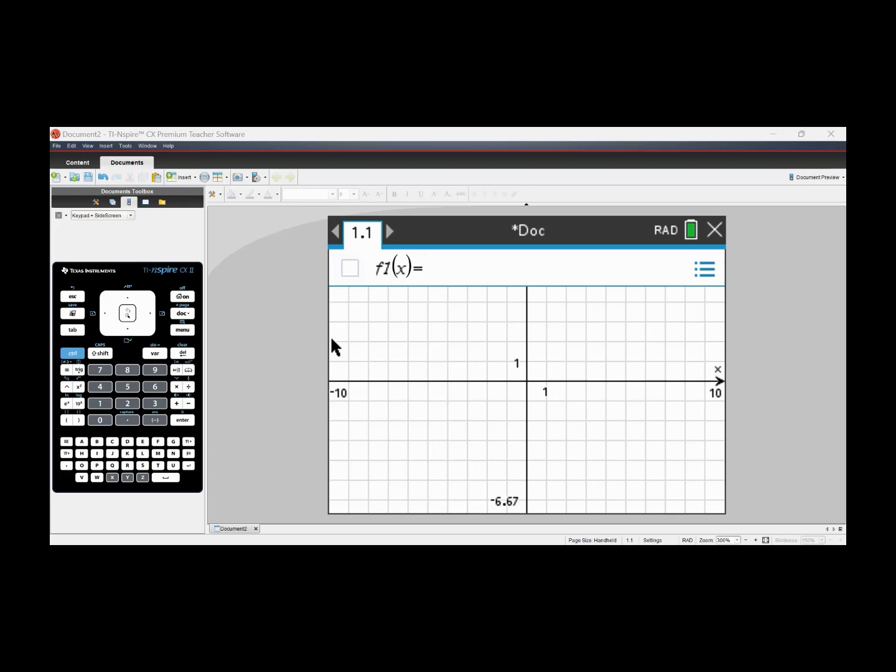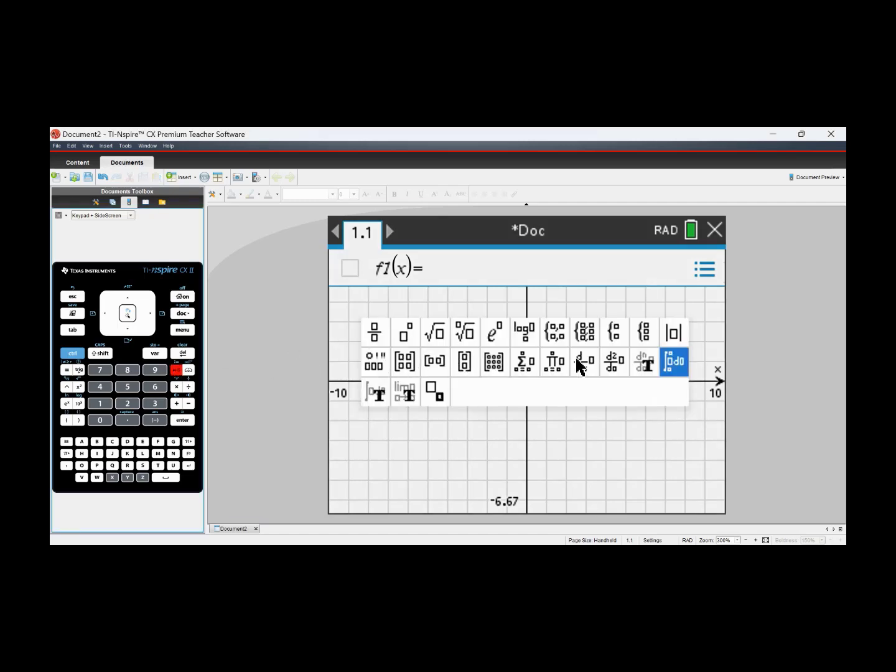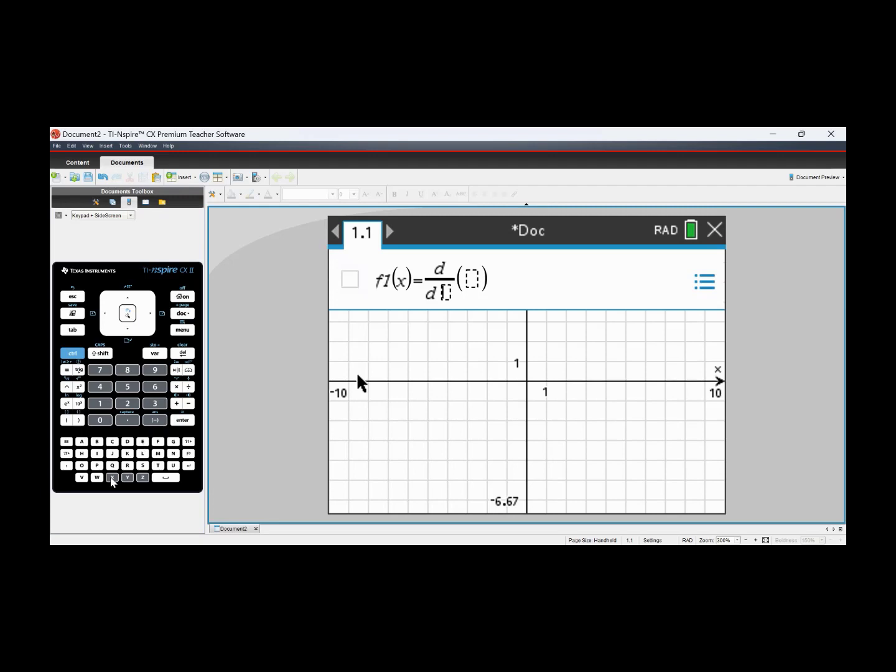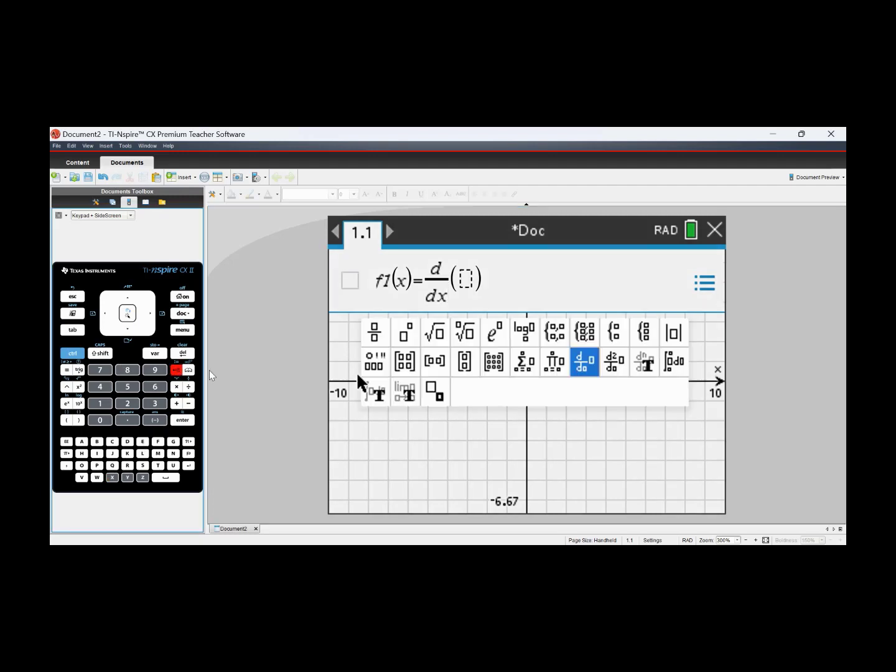Okay, so here we are on a graph page. Now the first thing we want to look at is the derivative with respect to x. So I'm going to use my template key, and I'm going to use my derivative with respect to x of, so I'm going to tab, and now I want to do the integral.